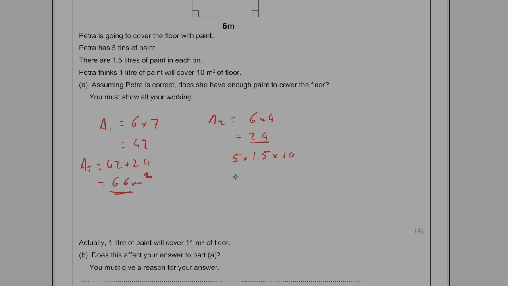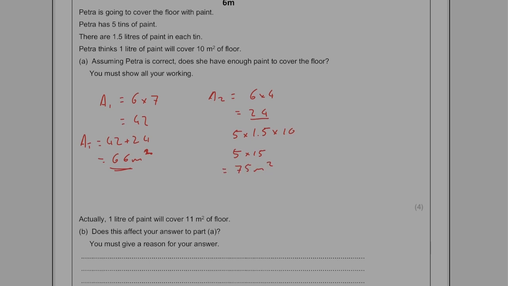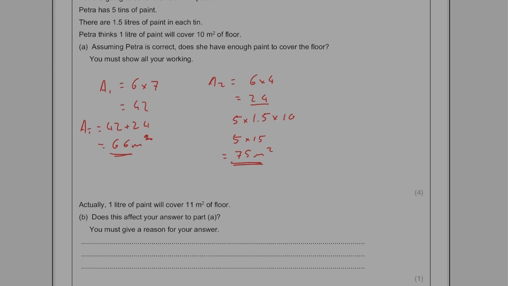That's going to be the same as 5 times 15, which gives us 75 meters squared. So does she have enough paint? Yes, 9 litres spare. So yes, 66 meters squared is less than 75 meters squared.